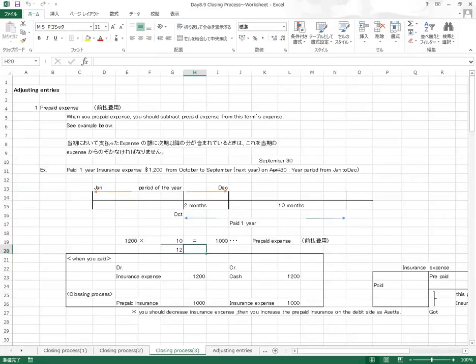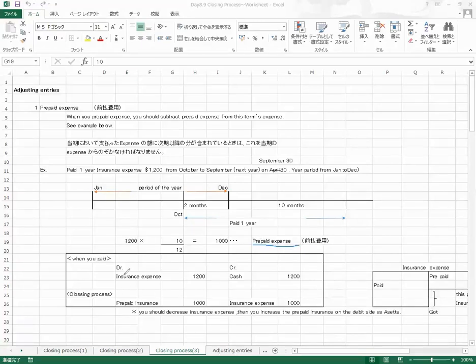So this formula calculates how much will go to next year. So you will add this as a prepaid expense. So this is how to write.